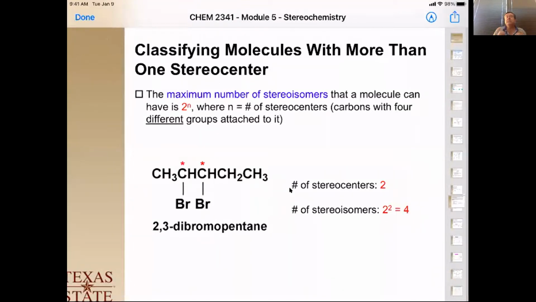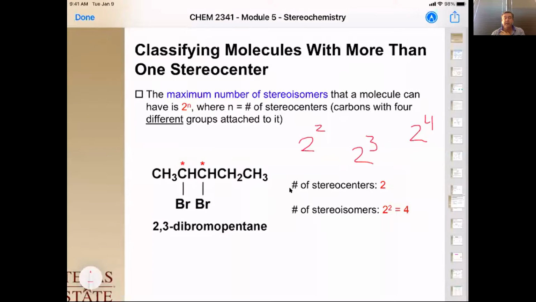So the number of isomers possible is actually almost exponential right here. In the case of any type of compound, if you have two stereocenters, it's going to be 2 to the 2. If you have 3 stereocenters, it's going to be 2 to the 3. If you have 4 stereocenters, it's going to be 2 to the 4. So things get complicated very fast when you have stereocenters.